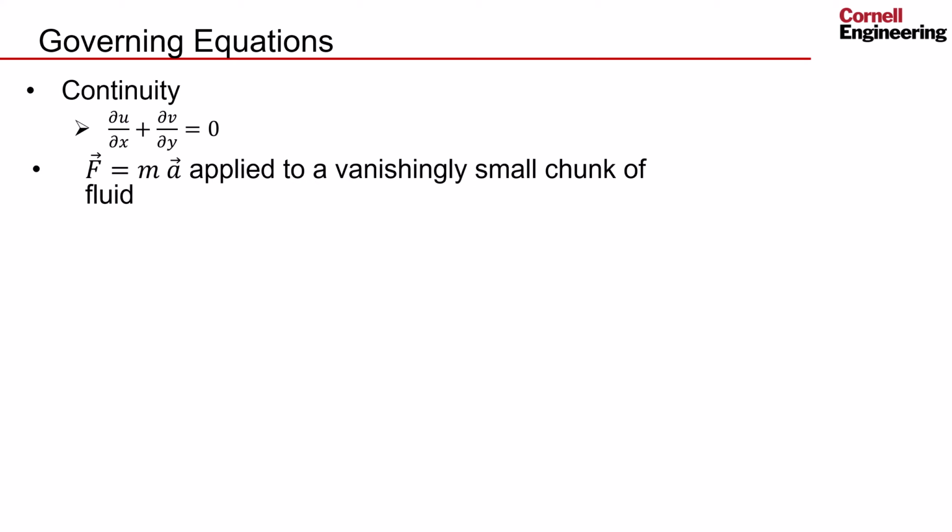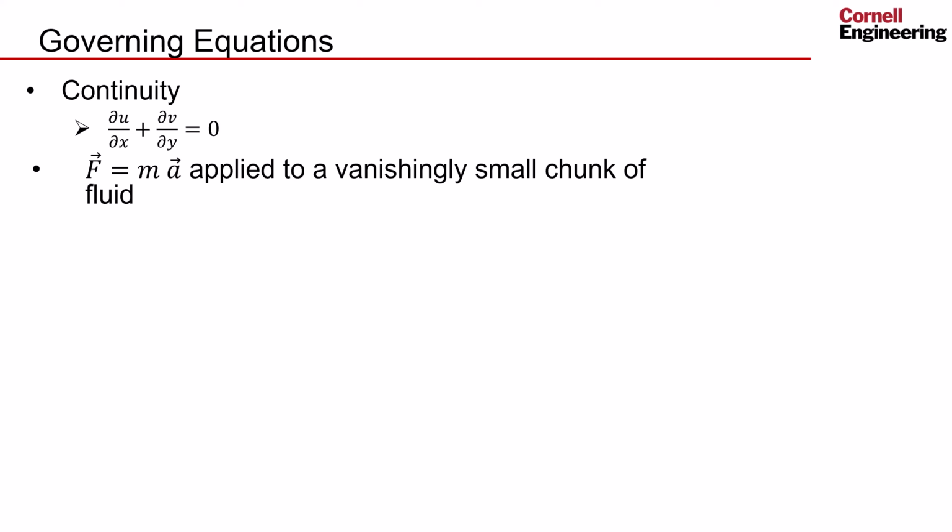For governing equations, we first have the continuity equation, which is conservation of mass applied to an infinitesimal fluid element. We use the 2D version for our geometry. We then have conservation of momentum equations, which arise from applying F equals ma to an infinitesimal fluid element.